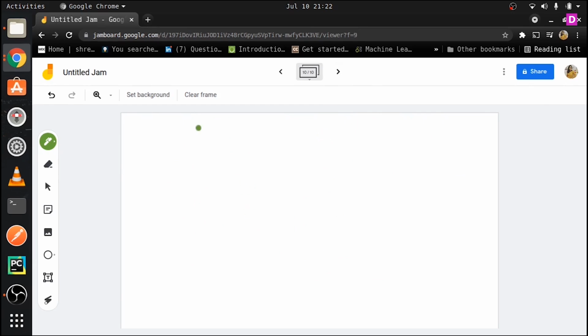Now let us talk about skipgram. Skipgram is basically the opposite of CBOW. In CBOW, from given context words you had to predict the focus word.